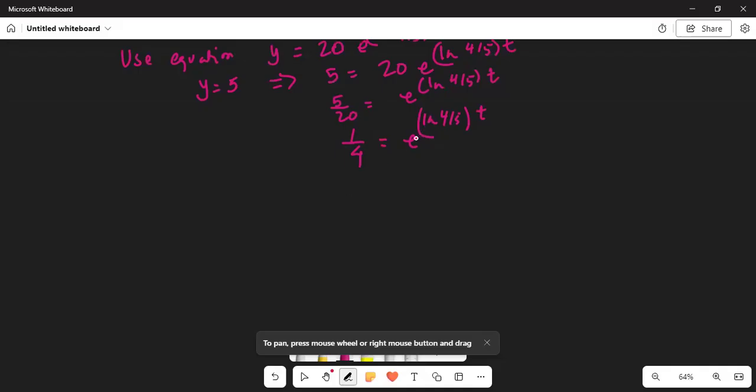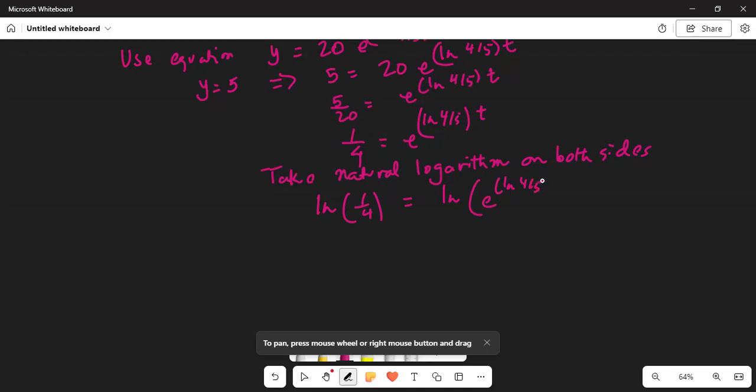Now, if I take natural logarithm on both sides, we get ln of 1/4 is equal to ln of e to the power of ln 4/5 multiplied by t.